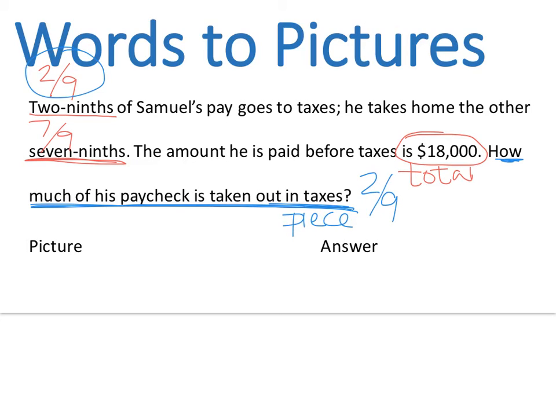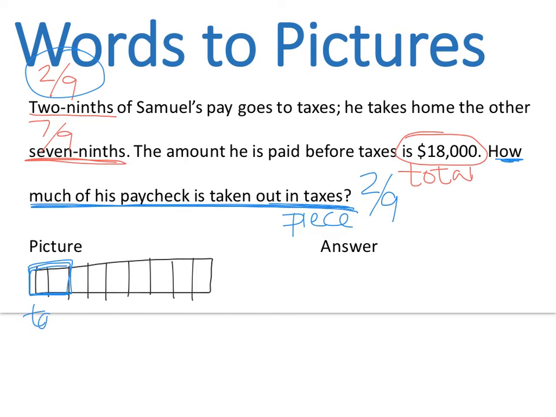I need 9 boxes. I know 2 of these boxes go to taxes, so I'll do that in blue. And the other 7 is the amount of money that he takes home in his actual paycheck.